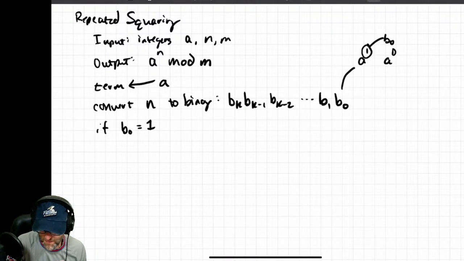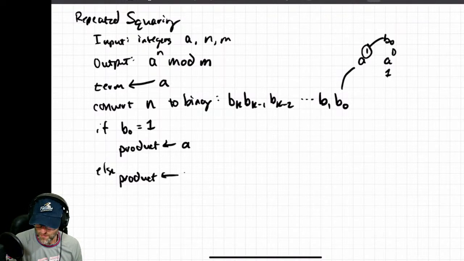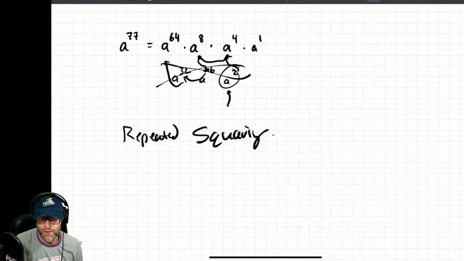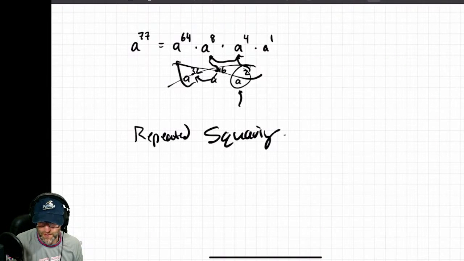So my product will end up being a, else my product will end up being 1, because it's a to the 0 basically, and we would end up ignoring this term right here.